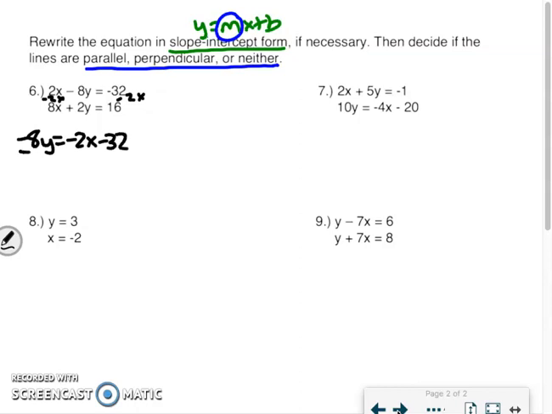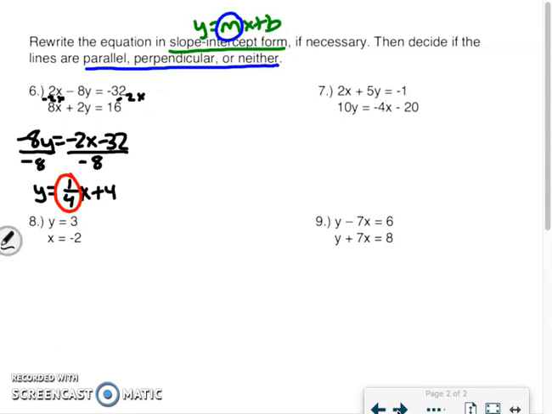Then I would need to divide both sides by negative 8, all of it by negative 8. So that would be y equals negative 2 divided by negative 8, which would be 1/4 x. Negative 32 divided by negative 8 would be positive 4. The y-intercept, or the b term, does not really matter in this instance. What I know is that slope is 1/4.